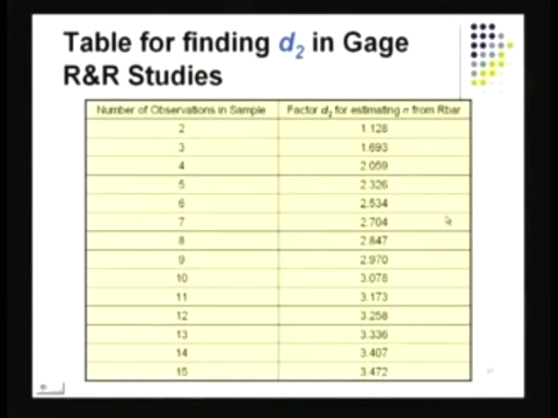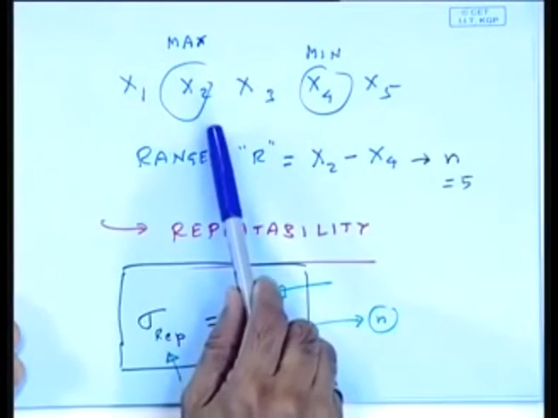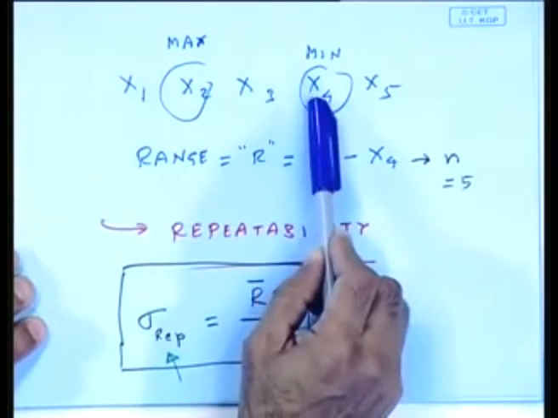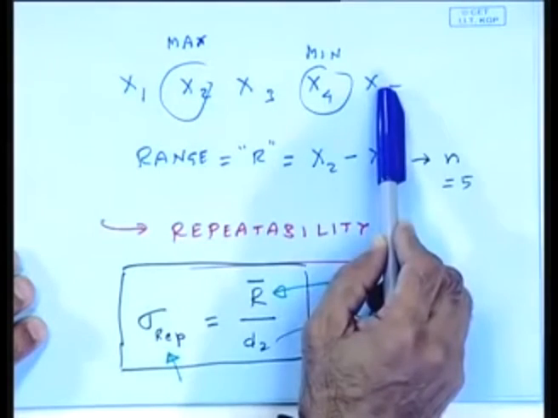So I actually have a table, showing the number of observations in a sample. What is a sample? Like in the diagram I was showing you, x1, x2, x3, x4, x5, there are 5 measurements there.